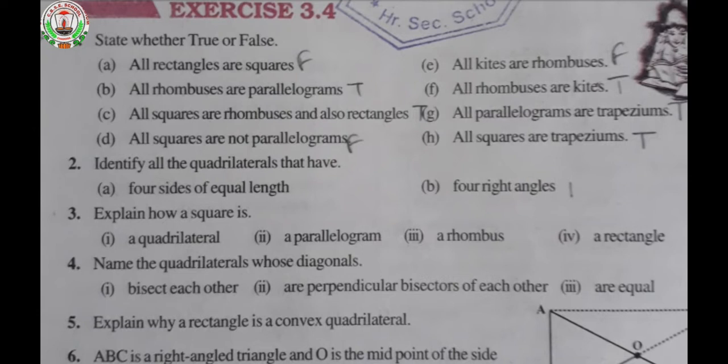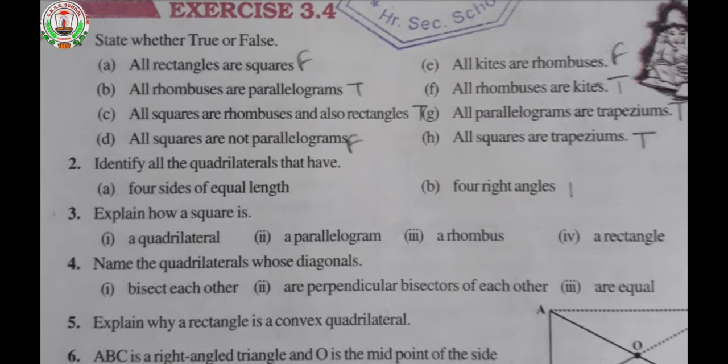Only then can you answer why a rectangle is a convex quadrilateral. Convex quadrilateral means, in simple language, a simple quadrilateral bounded by four sides. And concave means it can be a zigzag or crosswise.